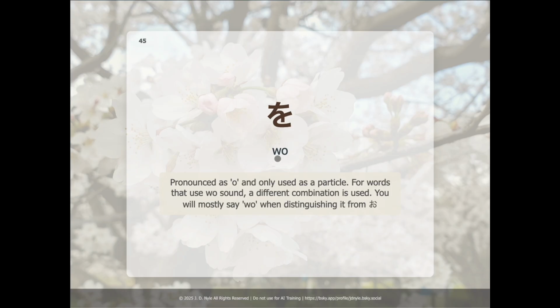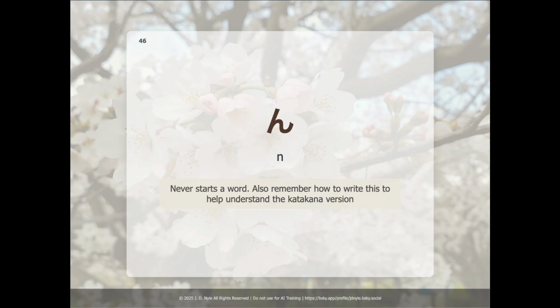We will probably only say it if we are trying to distinguish it from o, like we're telling someone that they should write it as wo instead of as o. And then we have n. This never starts a word. Also, you will want to remember this for how to write the katakana version. But we'll get into the katakana in another video.